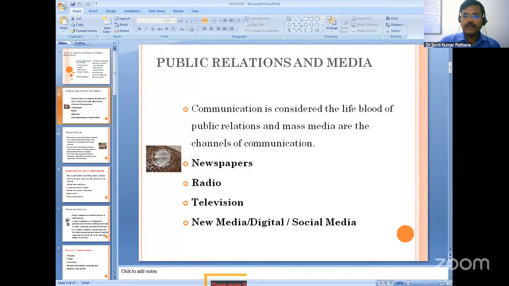In the next session, we will discuss the important points related to public relations as a strategic management function, and what the other managements in an organization are, like HR, finance, marketing. We know all these departments are established in the organization.